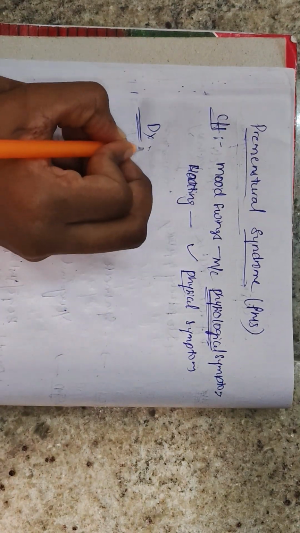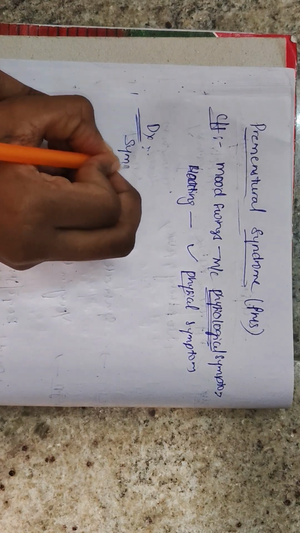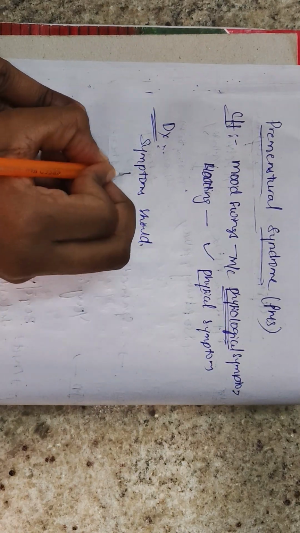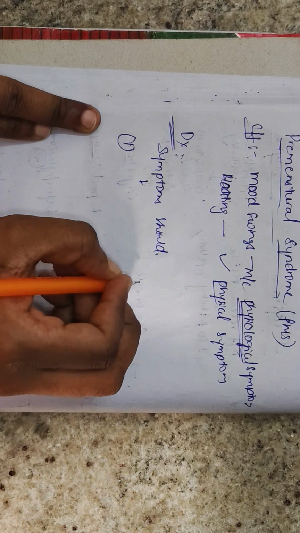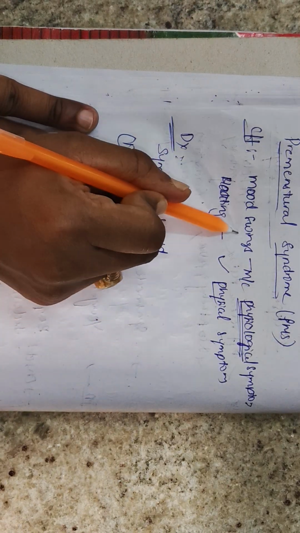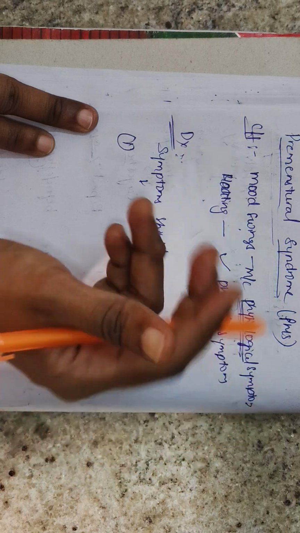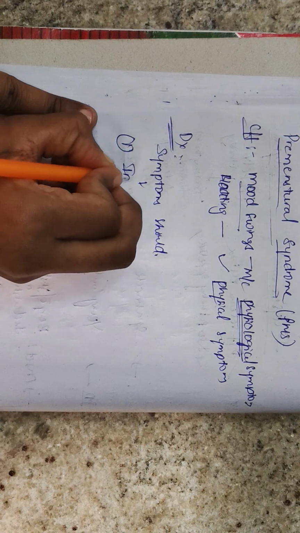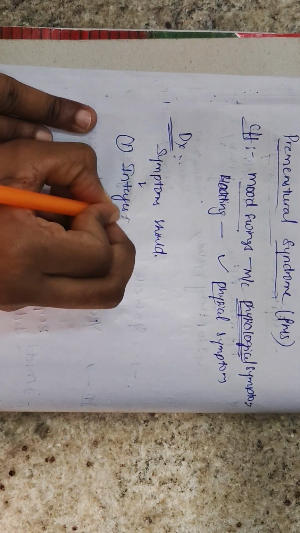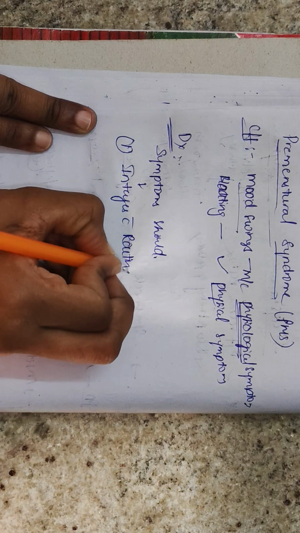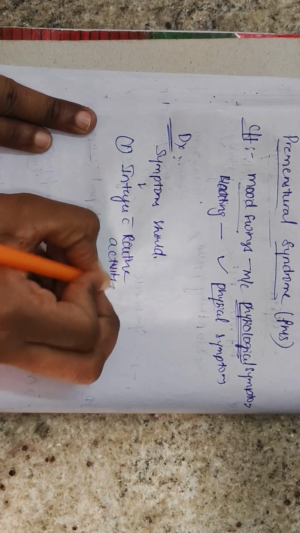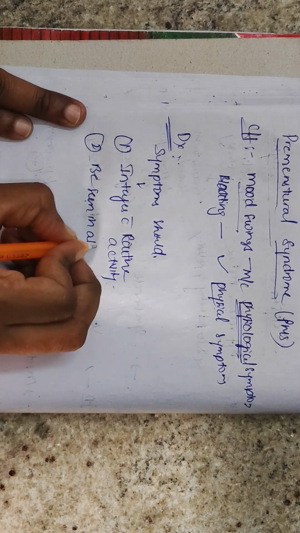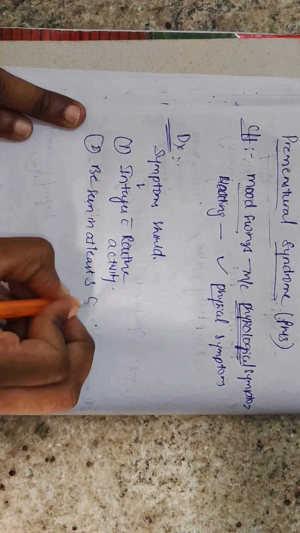Next, how do you diagnose premenstrual syndrome? The symptoms, like bloating and mood swings, should cause interference with routine activities. They should be seen in at least three consecutive cycles.